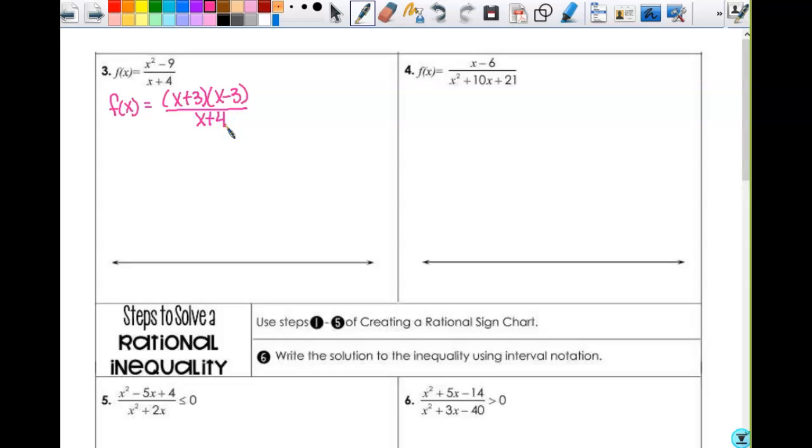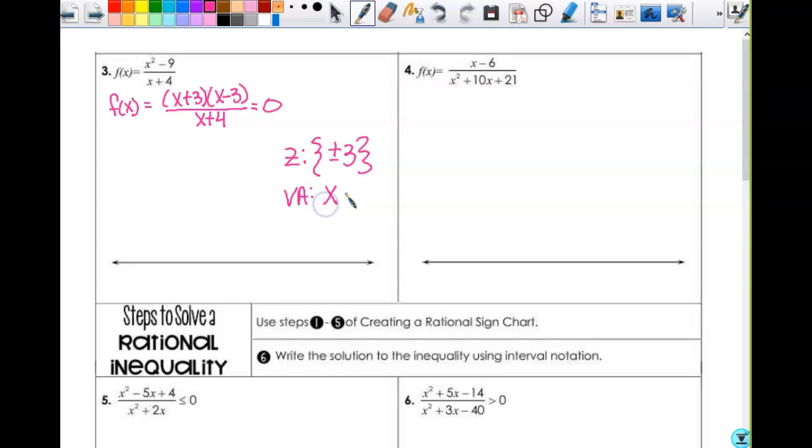Okay. So I'm going to set that equal to 0. So then from this, I'm going to get that my zeros are what? What are the zeros of the function? Good. -3 and +3. So you can write it that way, or I'm going to put plus or minus 3. Either way is fine. My vertical asymptotes, I only have one.